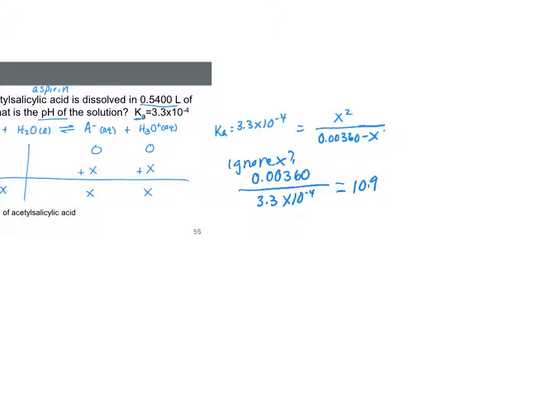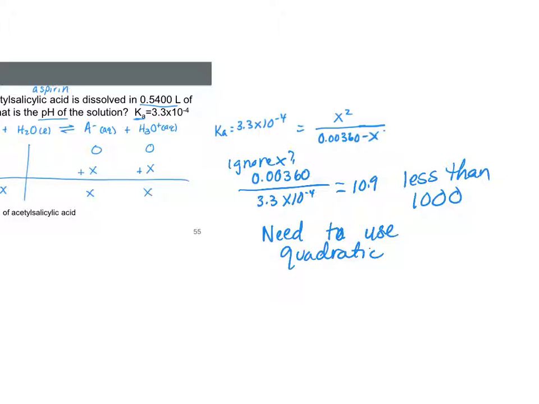So anyway, this is less than 1,000. So we can't assume that X is small in this case, which means we need to use the quadratic formula. All right, so let's work on that.